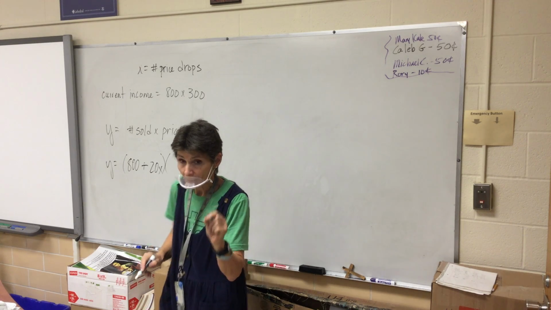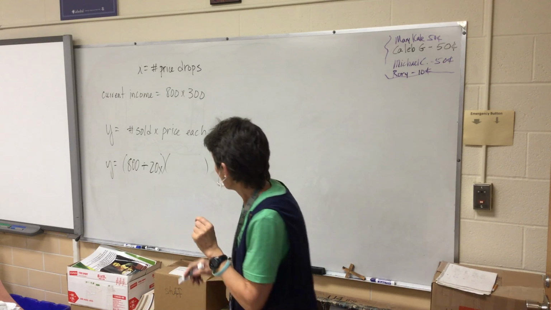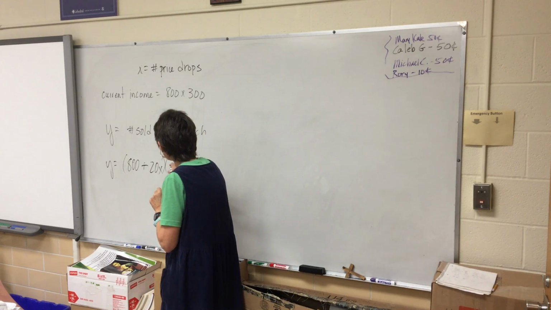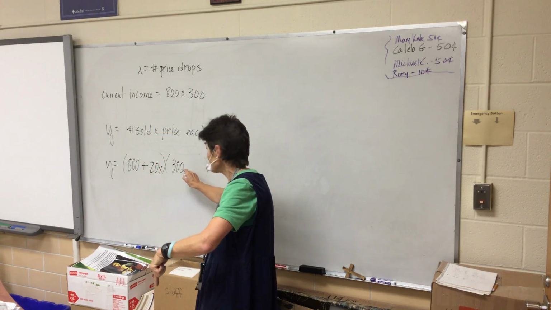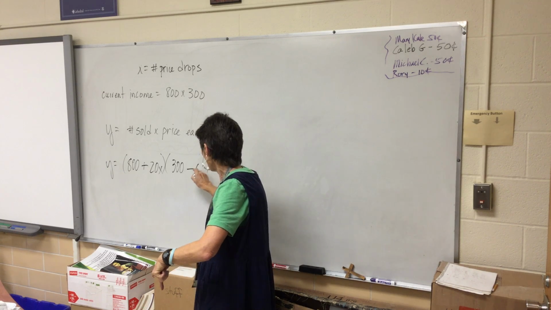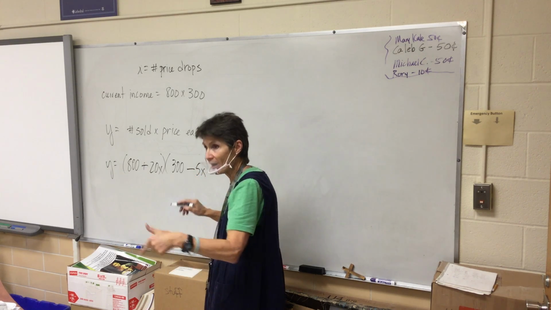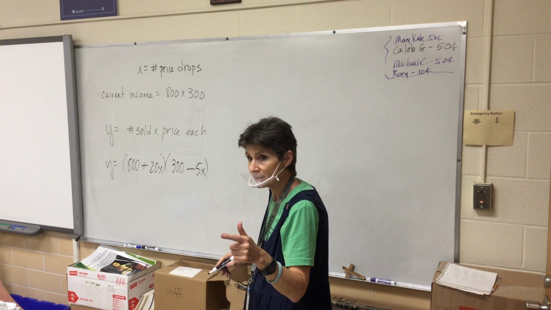Every time I drop my price, I get 20 more. And the price I charge was originally 300, but that's going down by 5 for every X. Does that make sense to everybody?